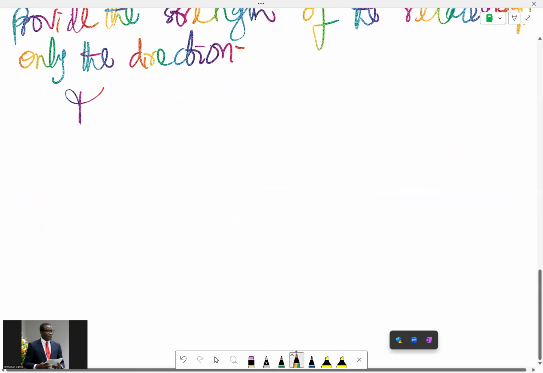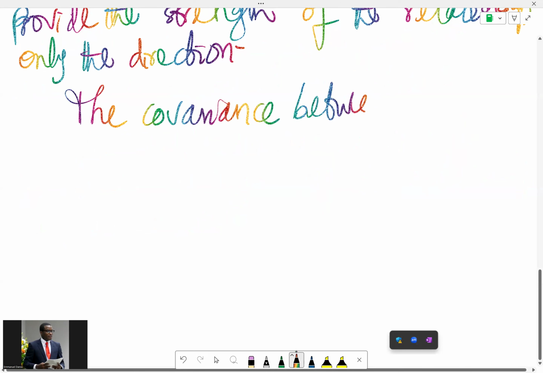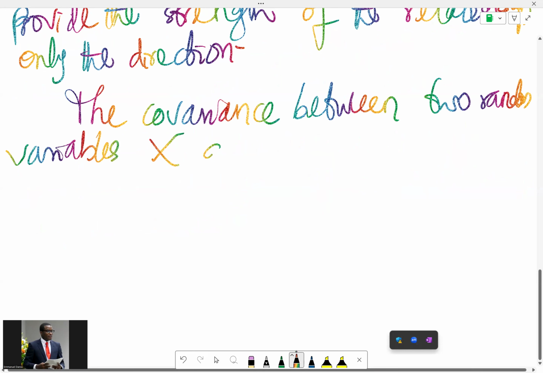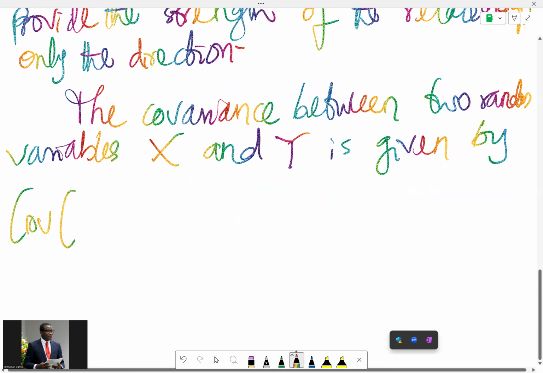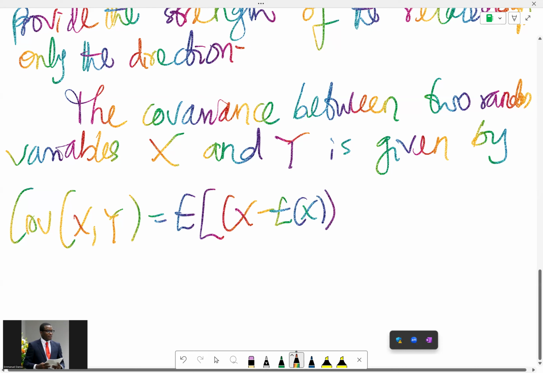So the covariance between two random variables, x and y, is given by cov(x,y) equals the expectation of (x minus the expectation of x) times (y minus the expectation of y).